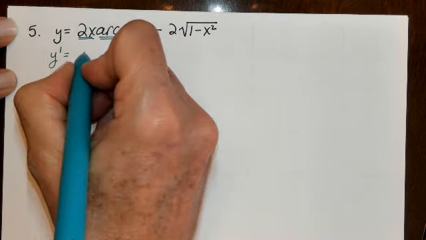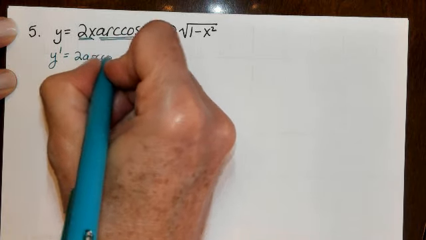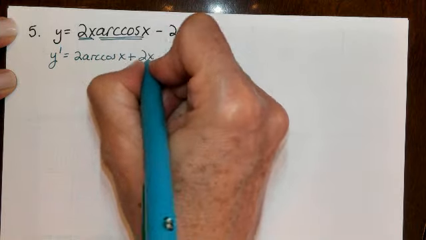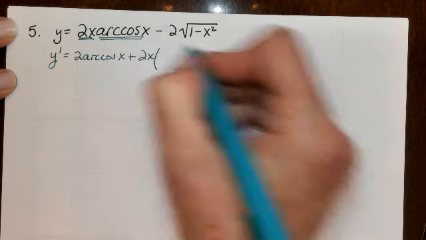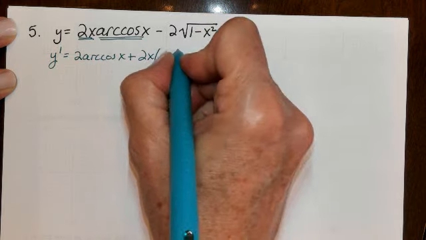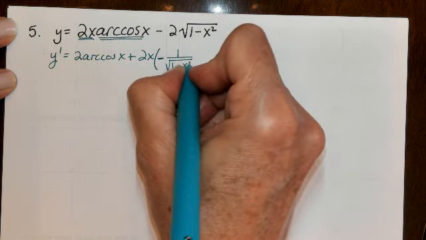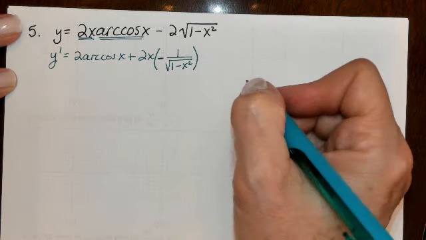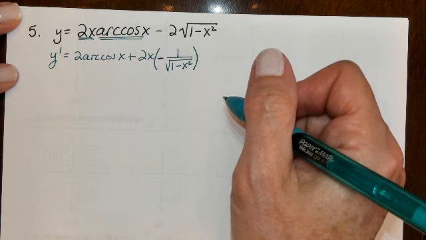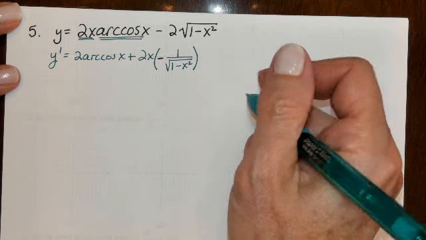So 2 arc cosine x plus 2x times the derivative of arc cosine x. Well, the derivative of arc cosine x is negative 1 over square root 1 minus x squared. After you do a few of these, you will have those memorized without trying much, if you do them. So you're going to need to practice if you want to have those memorized.